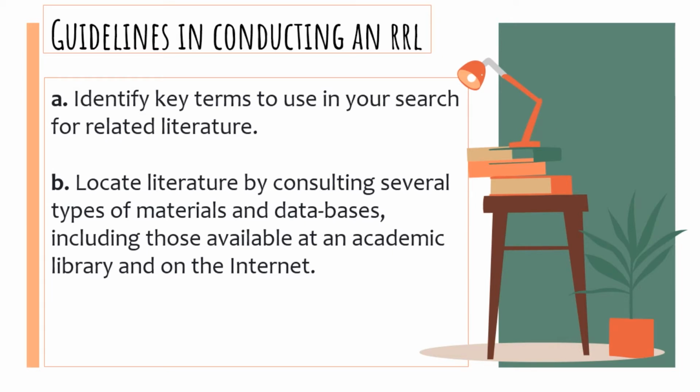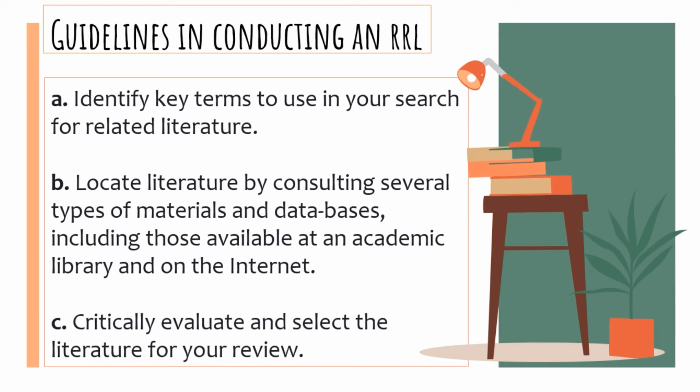You may access the internet and explore electronic literature available on your topic, but do not ever depend on the Google. You may use academic libraries, both primary and secondary sources, encyclopedia, and etc. Third, critically evaluate and select the literature.